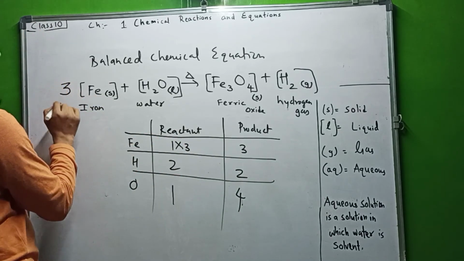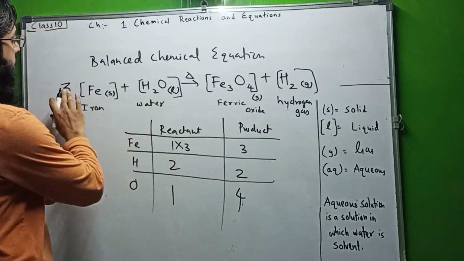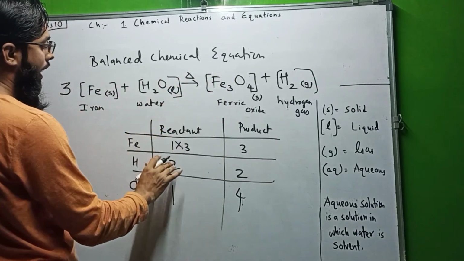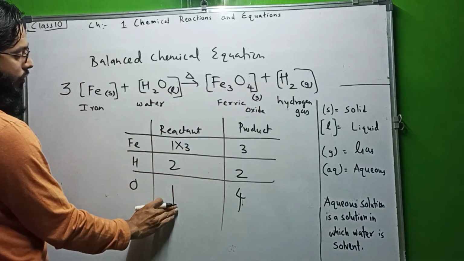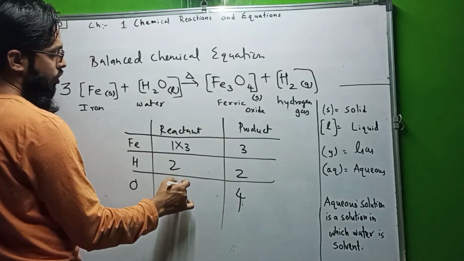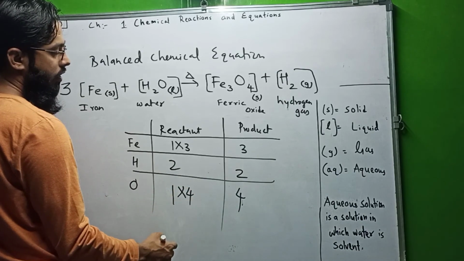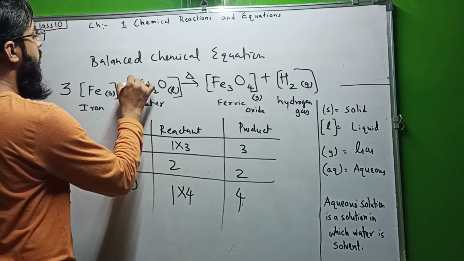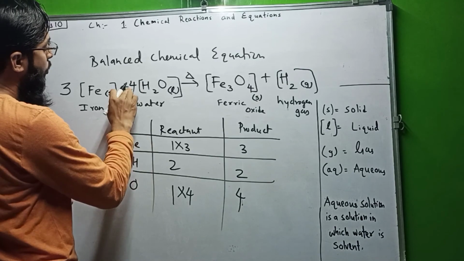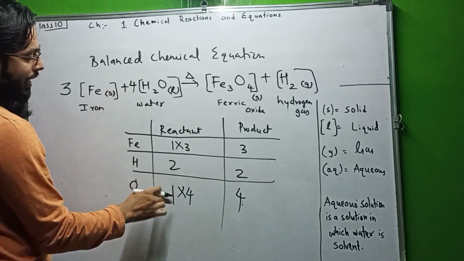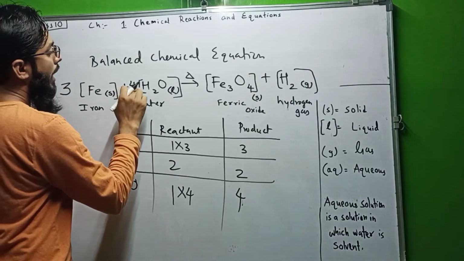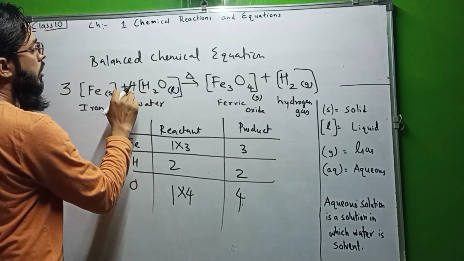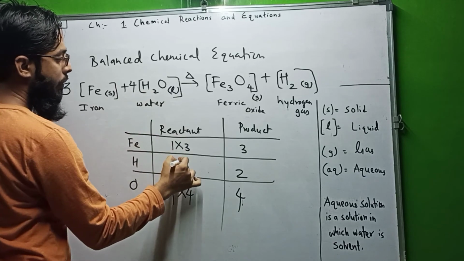So I will write 3. Both get balanced, 3 Fe and 3 Fe. Now hydrogen is 2 on both sides, so it is already balanced. Oxygen we have 1 and 4. So we have to make it equal, and I will write 4 in front of H2O. But as soon as I put 4 on the reactant side, my hydrogen got unbalanced: 4 times 2 is 8.